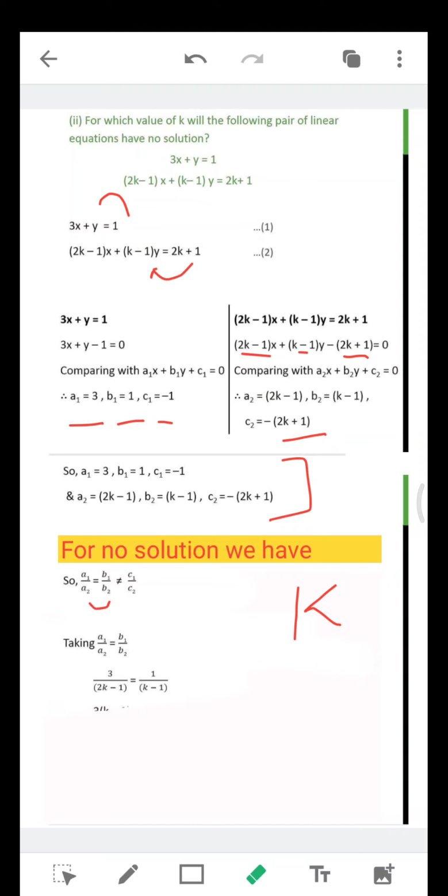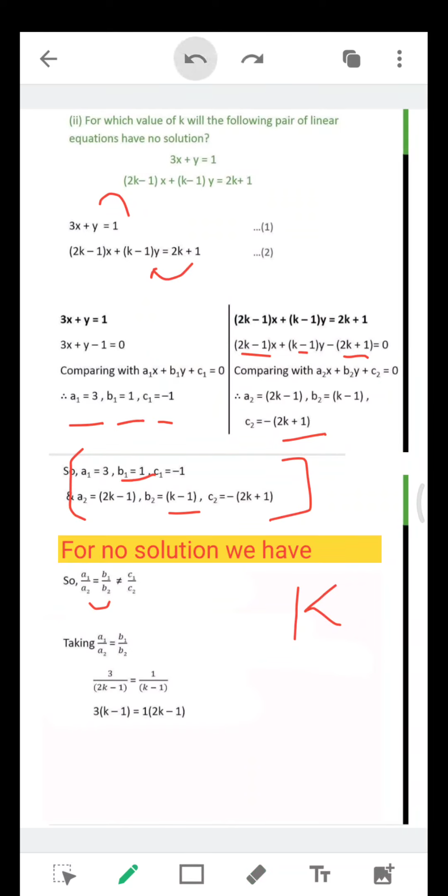So what is a1 by a2 here? 3 by 2k minus 1. a1 is 3 and a2 is 2k minus 1. So I am putting the values, 3 by 2k minus 1. b1 by b2 is 1 by k minus 1. So 1 by k minus 1, cross multiplying it again.